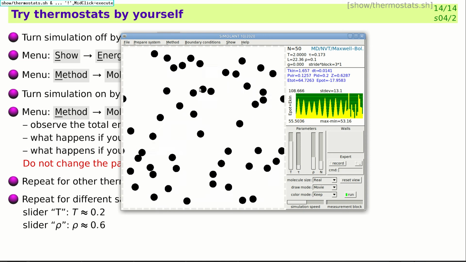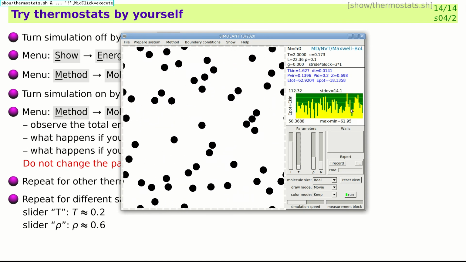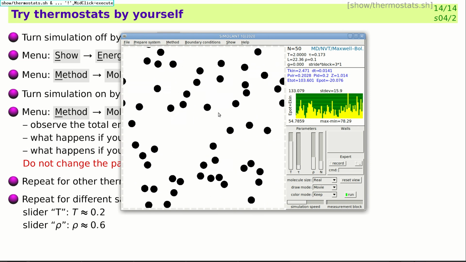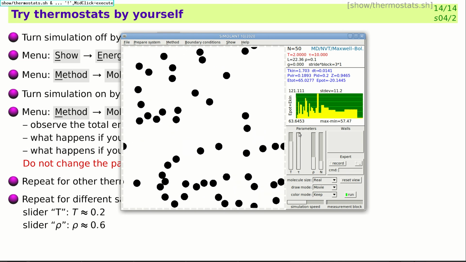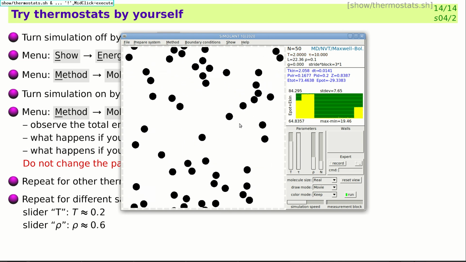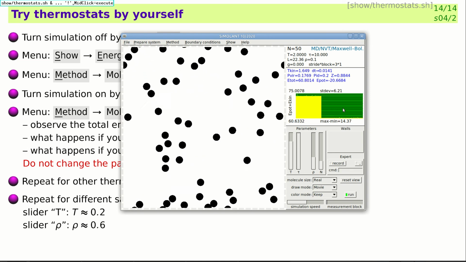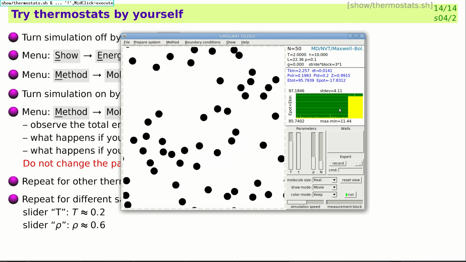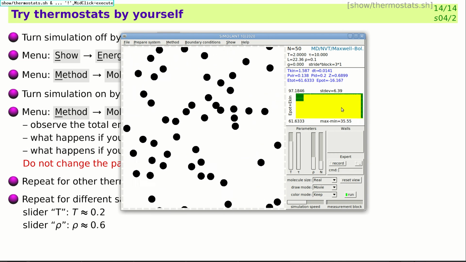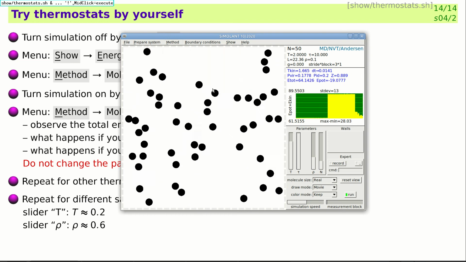Maxwell Boltzmann thermostat, you can see that there are random jumps, and also we can see that molecules sort of diffuse. Again, if I increase the typical time, these kicks to all molecules don't happen so often. Let's try the Andersen thermostat.